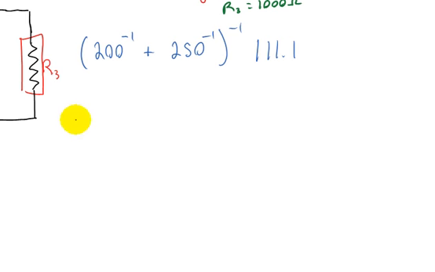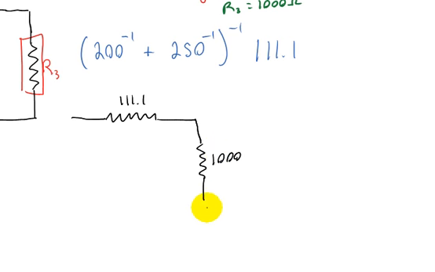I've got one resistor now, and its value is 111.1. That's in series with another resistor, and its value is 1000. And we're measuring from here to here.